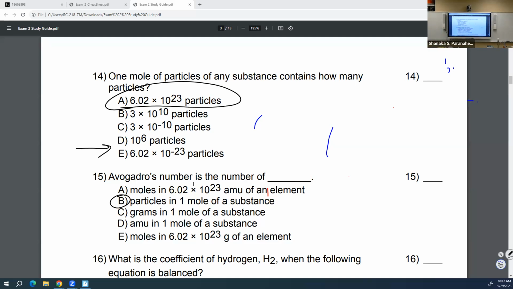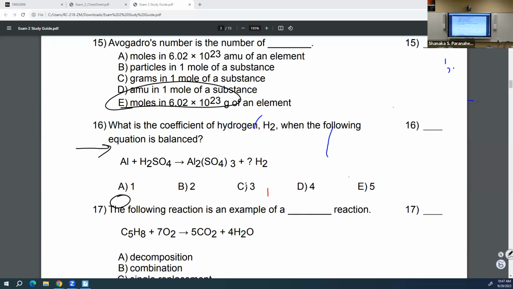Balancing a chemical reaction with a polyatomic ion. So you should be able to recognize that polyatomic ion. 1 polyatomic ion, 3 polyatomic ions. Okay. So sulfate on the reactant side is 1, product side sulfate is 3. You don't split sulfur and oxygen. If you split it, it will be difficult.